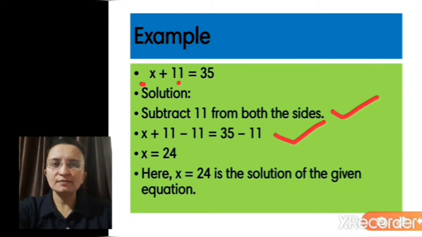We have subtracted 11 from both the sides, left hand side and right hand side. So what will remain on the left hand side? 11 minus 11 is 0, so x will remain on the left hand side, and on the right hand side 35 minus 11, that is 24. So x equals 24 is the solution for the given equation.